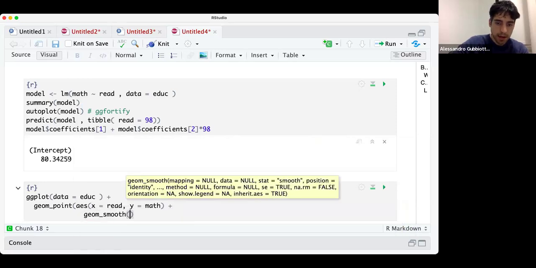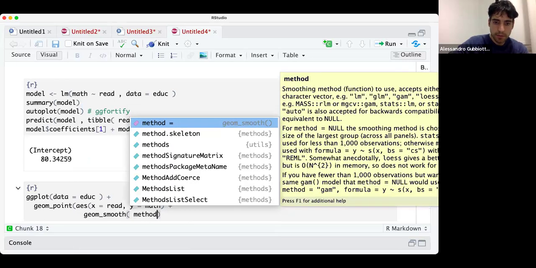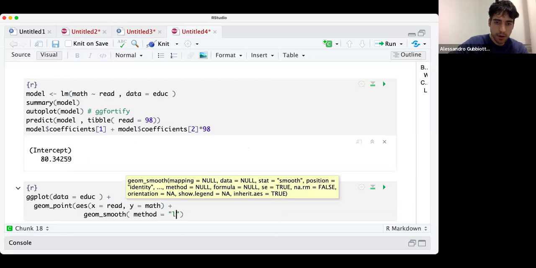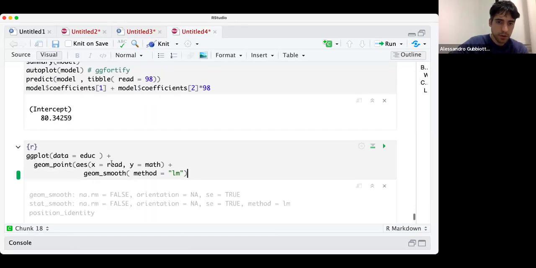If I remember correctly, we have to put method equal to the linear model.